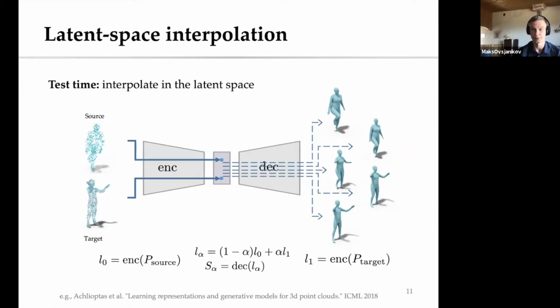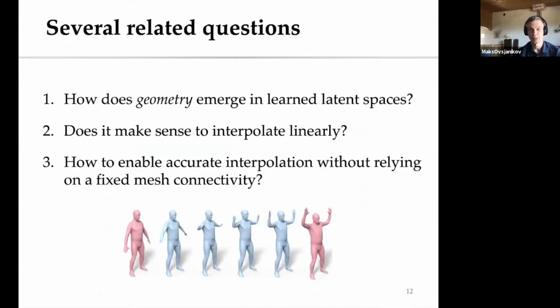Okay, so I mentioned one particular reference here of a paper that uses this approach, but there are many other papers that share the same exact spirit. As someone coming from geometry processing, when I saw this idea, it looked a little bit mysterious. The question that I had was, why can we do this linear interpolation? Does it actually make sense to do interpolation in the latent space? Because in some sense, the network that you train was only trained for reconstruction.